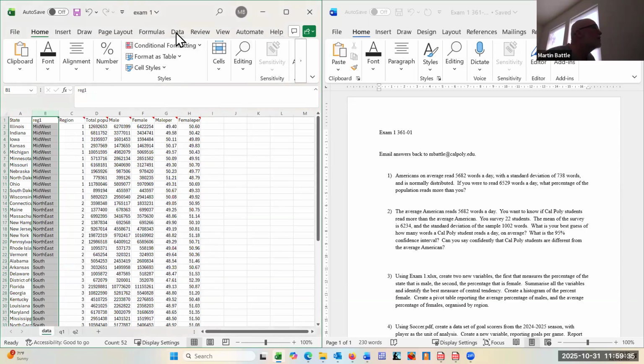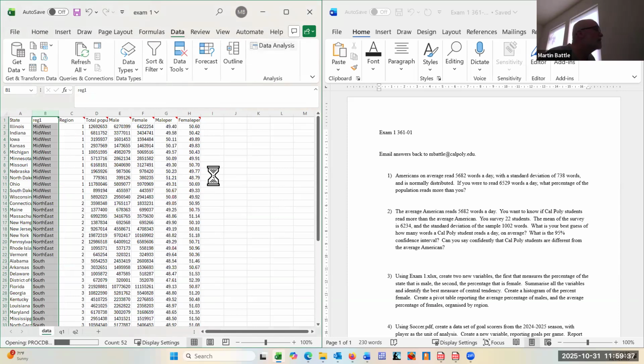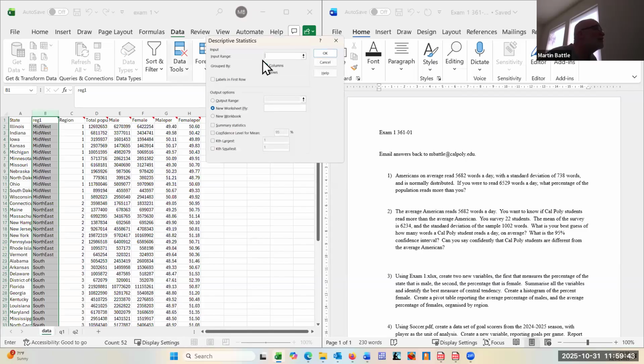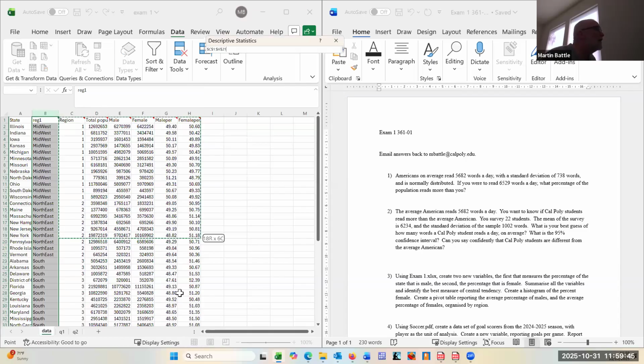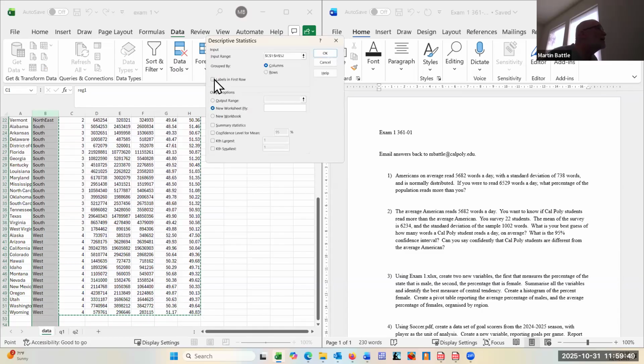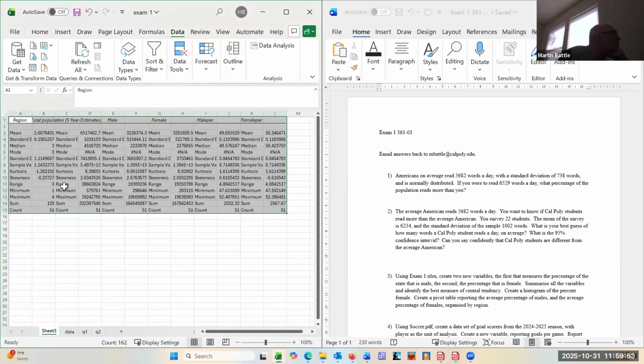I'm now going to go to data analysis toolpak. I'm going to do descriptive statistics. And because I've moved the region, that means that I can highlight all of these and then say labels in first row, summary statistics, click OK.